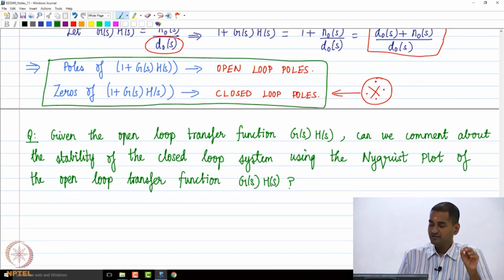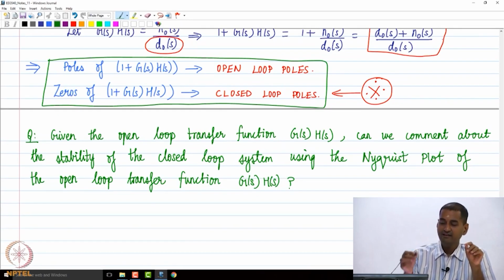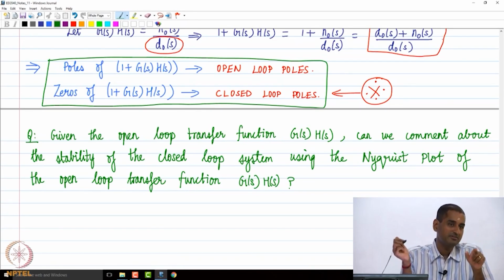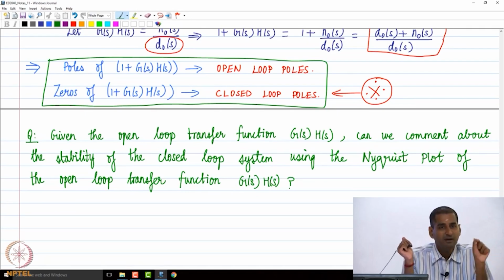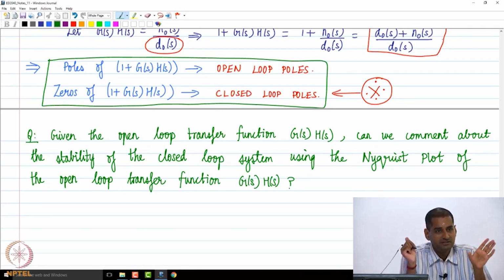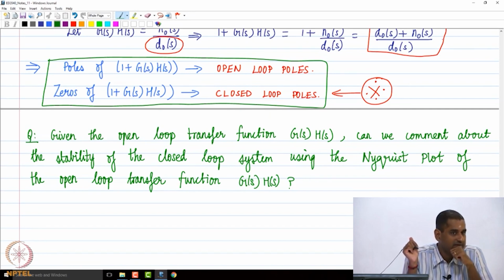Given the open loop transfer function, can we then use the Nyquist plot of G(s)H(s) to comment about the closed loop stability? That is what we are asking ourselves.